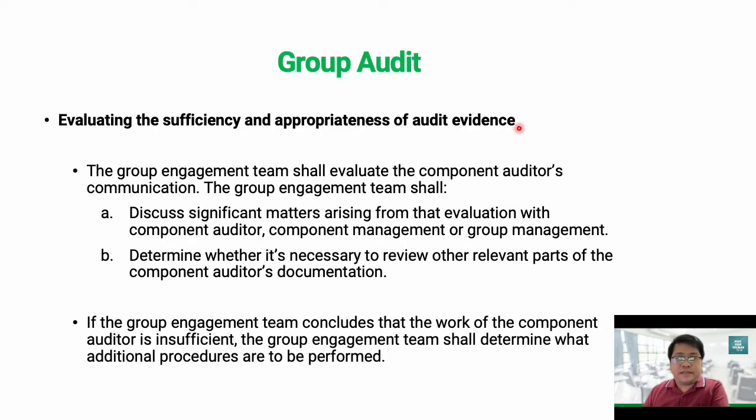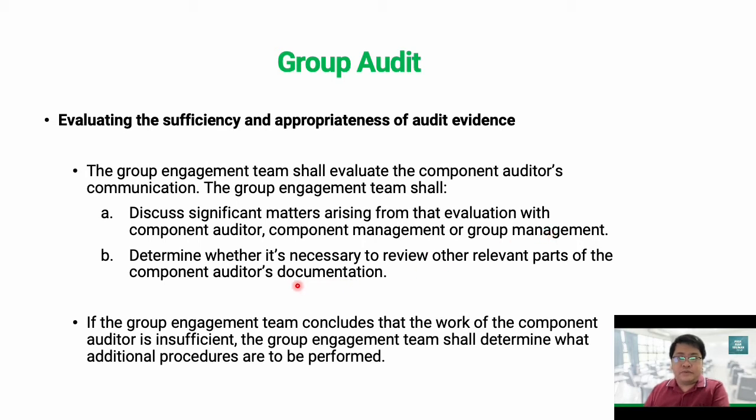And then we will evaluate the sufficiency and the appropriateness of the evidence. As the group engagement team, you'll have to evaluate whether the component auditor's communication consists of sufficient and appropriate audit evidence. You will discuss the significant matters arising from your evaluation with the component auditor, with the component management, and with the group management.